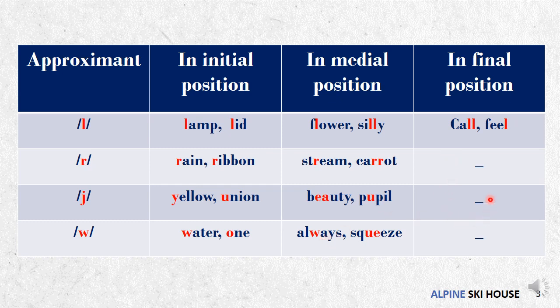Rarely we have final position. Only the L sound can be seen in final position. We cannot see the rest of the three sounds in the final position. So call, L sound, is in the final position. So now you understand how these sounds have different positions. Sometimes it may come in the initial or in the medial position, and also in the final position.